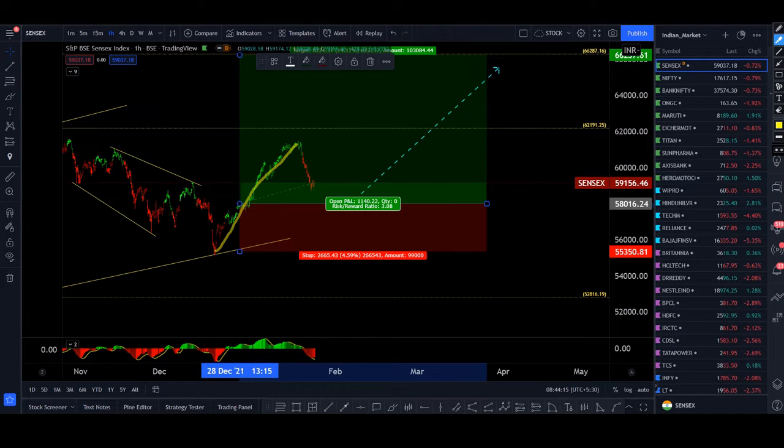Then there is a correction, which is nothing but X and the A. So what are we expecting now? We are expecting a forward move, or a correction to come down to complete this wave and start another wave. That's the expectation.